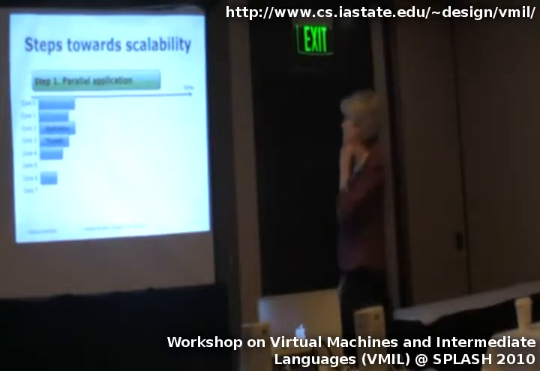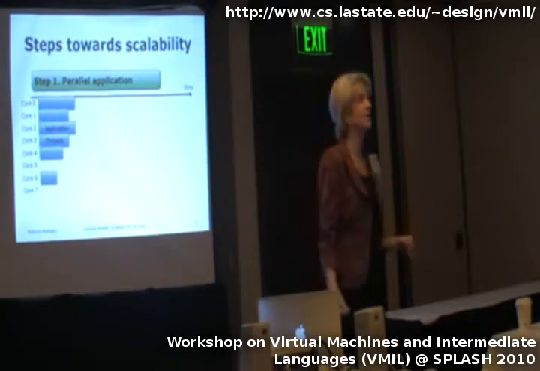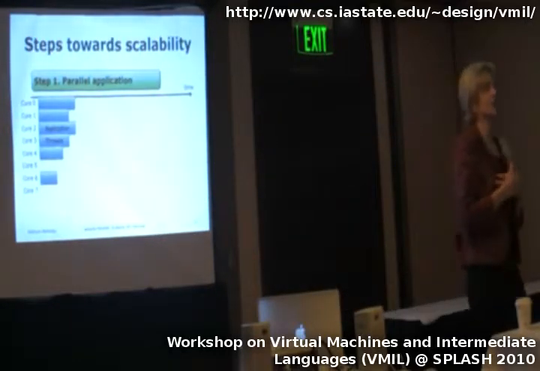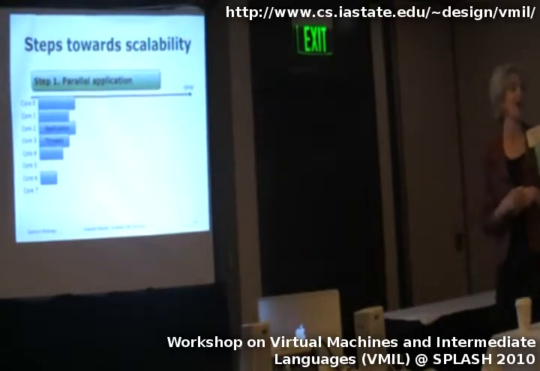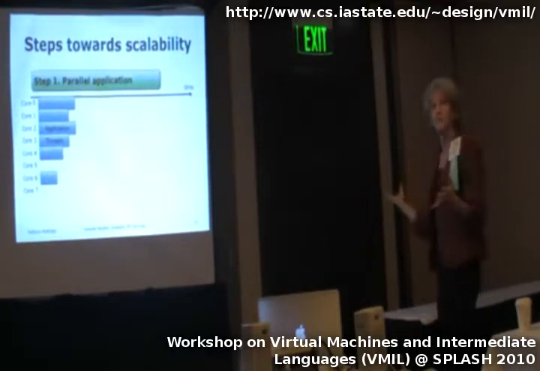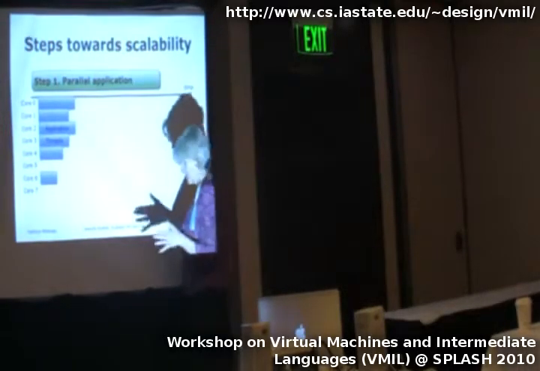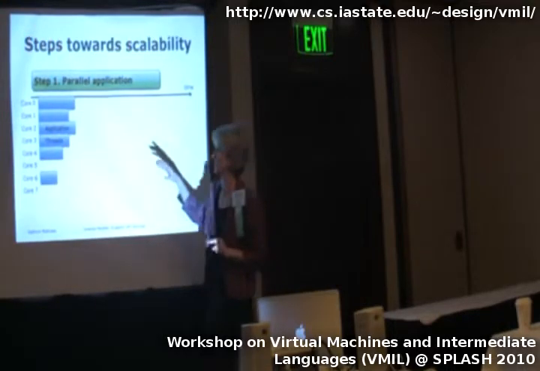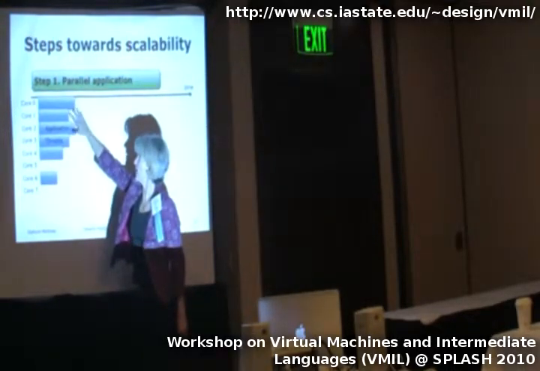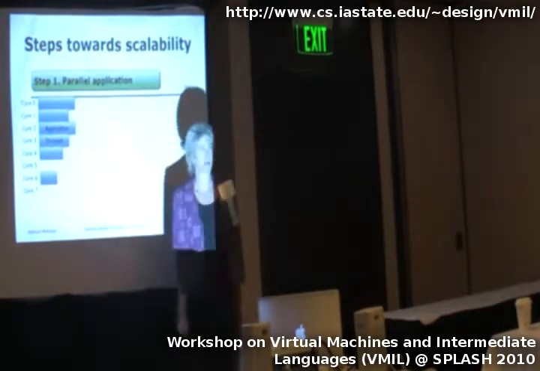So now we want to make the application parallel. What do we do? We introduce some threads and locks that don't work very well because they're the only instrument we have, and we divide up the work. For this particular application, because it's a typical parallel application running Java or any other managed language, you have some application threads, but it's not using all your cores, and they take different amounts of time.